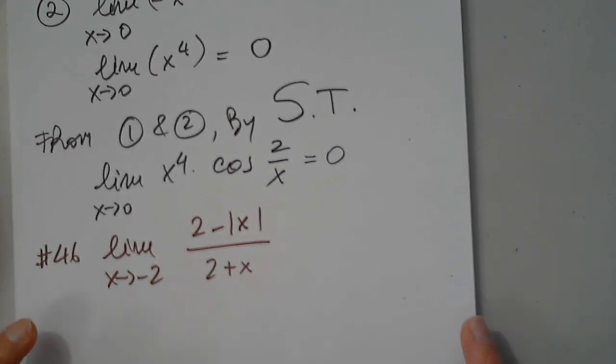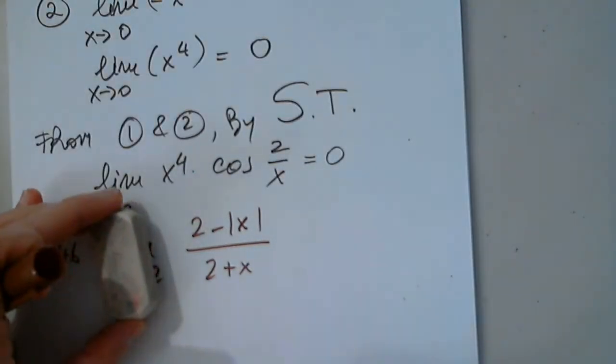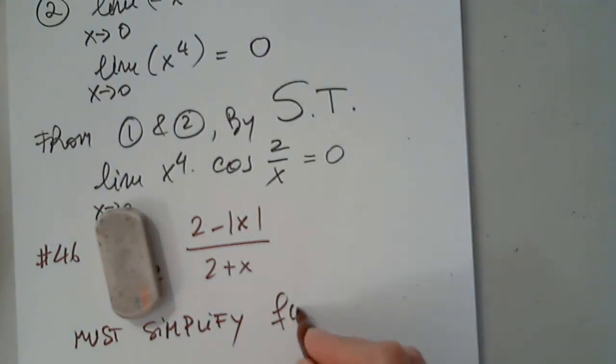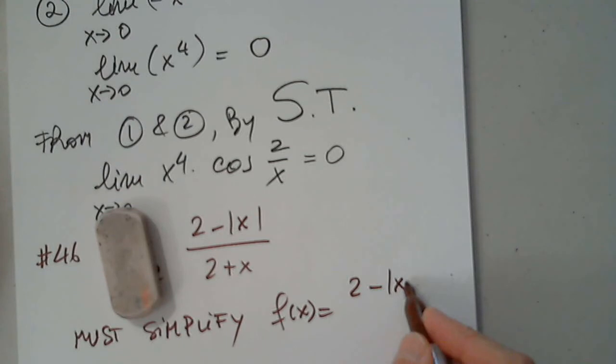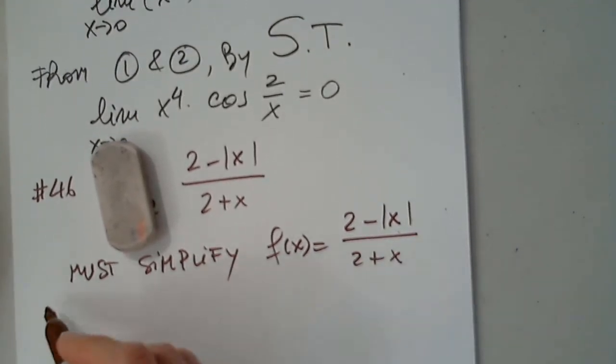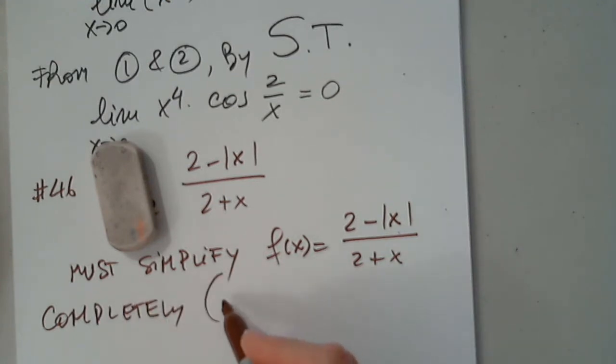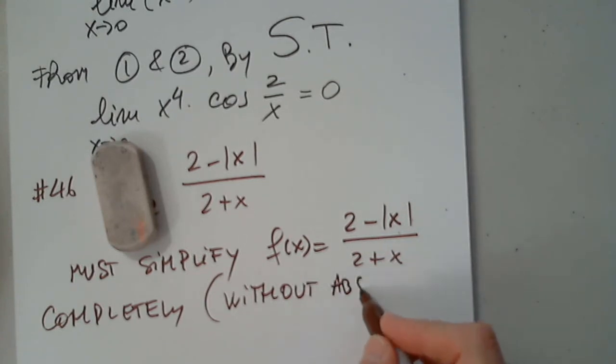Okay, in this case, I don't care what this says. Automatically, I must simplify f of x equals 2 minus the absolute value of x over 2 plus x completely, without absolute value.